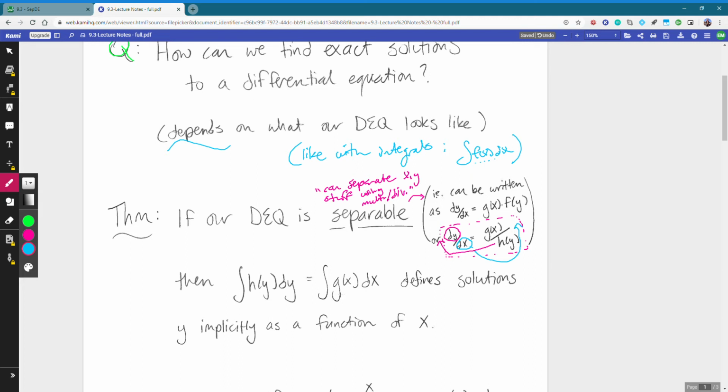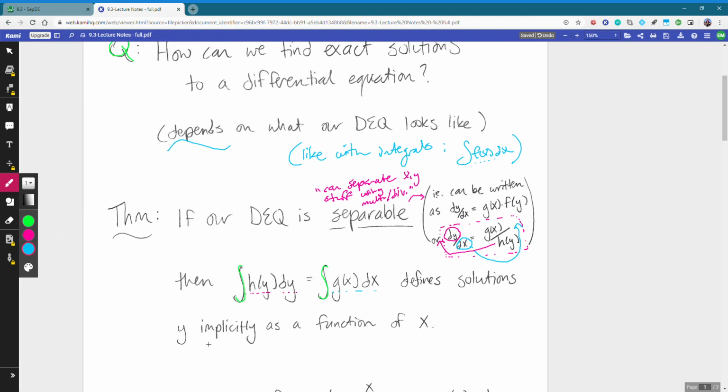And then once we have our y stuff on the left-hand side and our x stuff on the right, we go ahead and integrate.